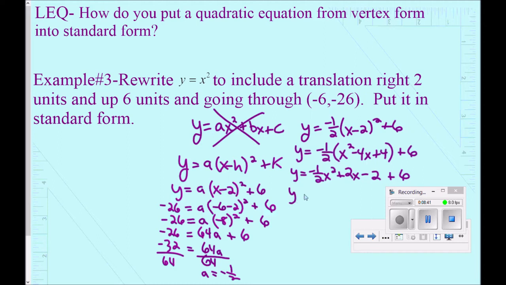And lastly, combine like terms. And there we go. We have the equation of the parabola in standard form.